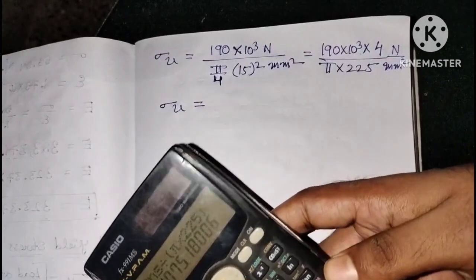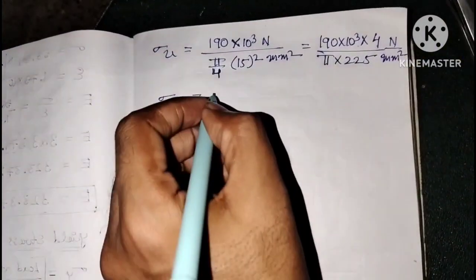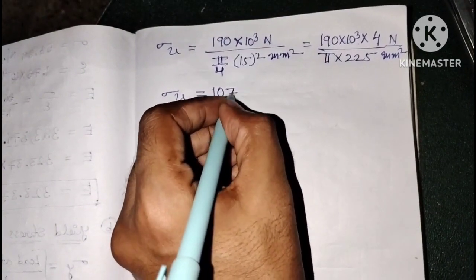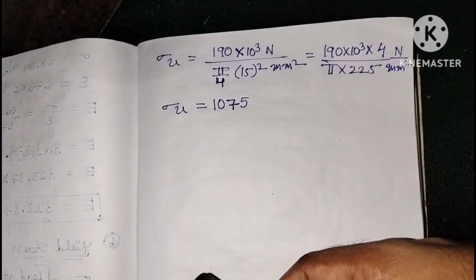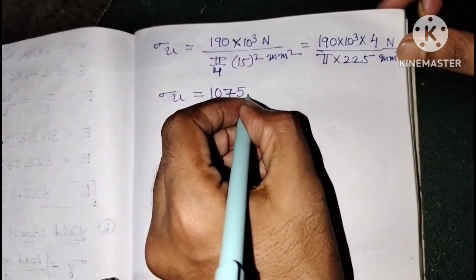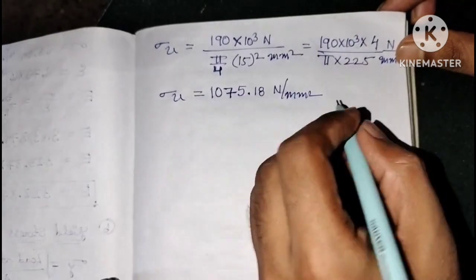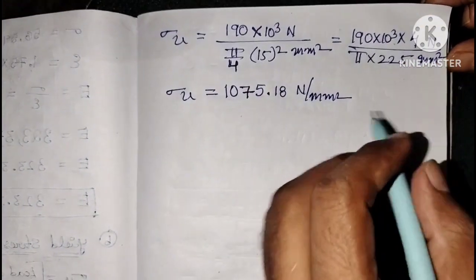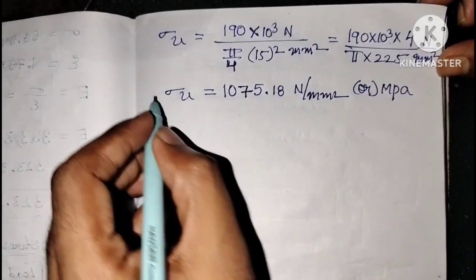So I got 1075.37 Newton per mm square, or MPa, megapascal. So the maximum stress, the ultimate stress, is equal to this.